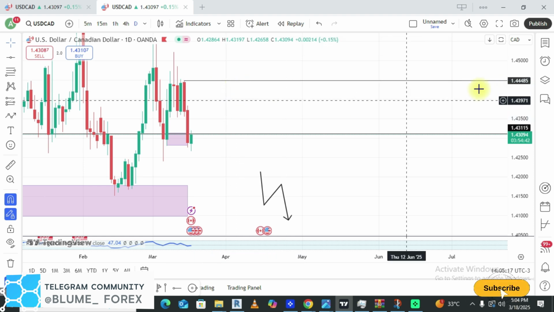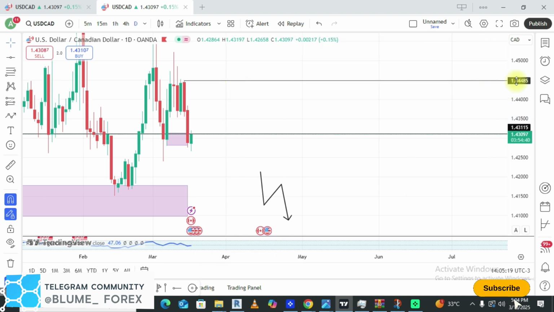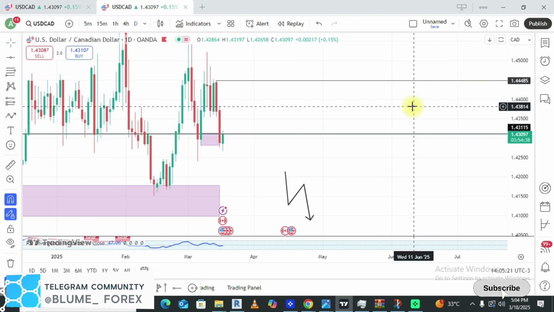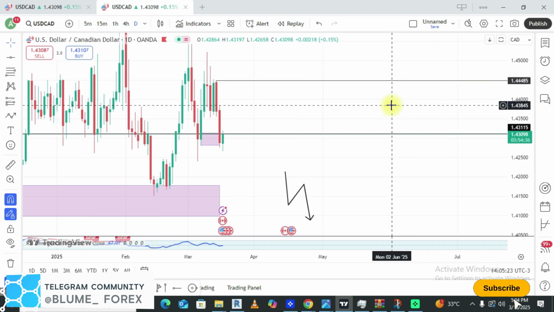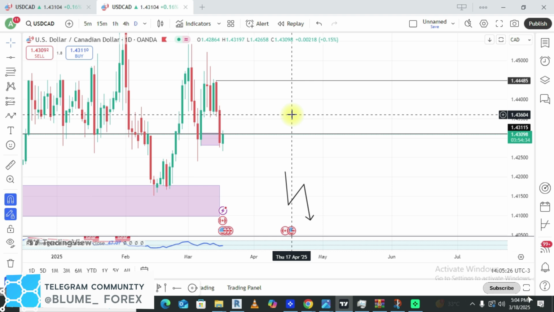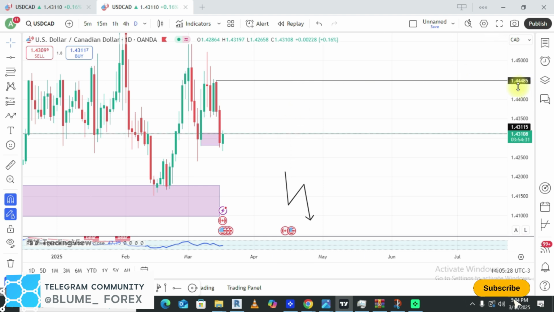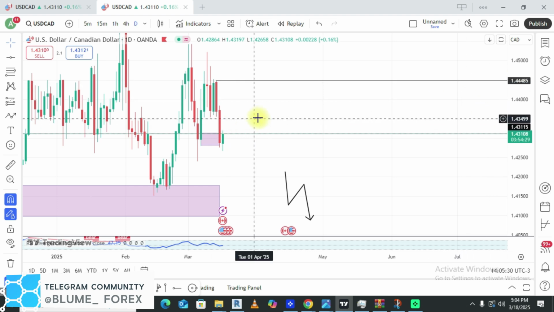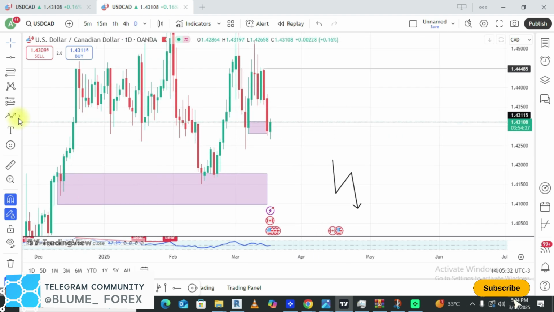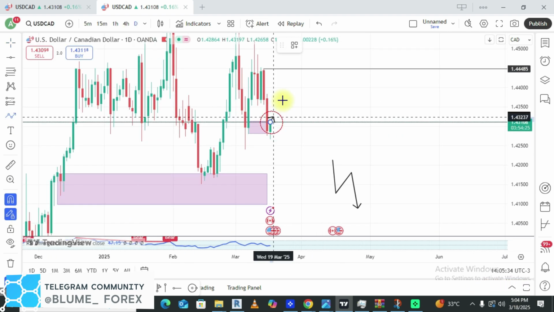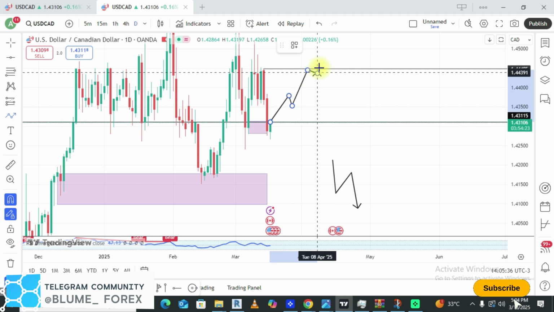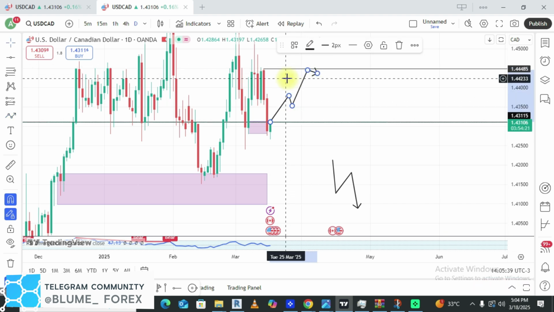I'll look at the corresponding number, which is 1.4485. Then I go to my MetaTrader app, click on the take profit area, then key in the 1.44 figure. So in this case, when price keeps on pushing up to this level, I'll automatically be closed in profit by the app.